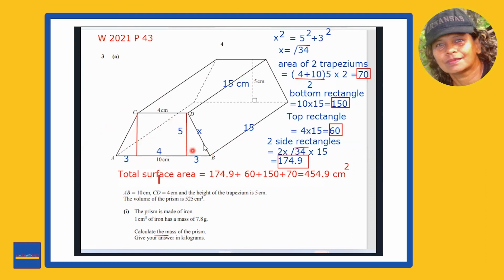The two side rectangles are 2 into x into 15, which is 2 into root 34 into 15, which is 174.9. If we add everything that is in boxes, that is 70 plus 150 plus 60 plus 174.9, we end up with 454.9 centimeters squared, which is the total surface area.